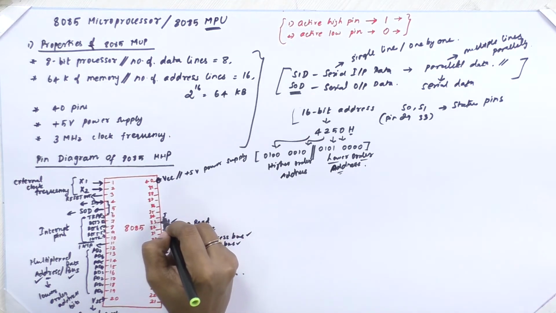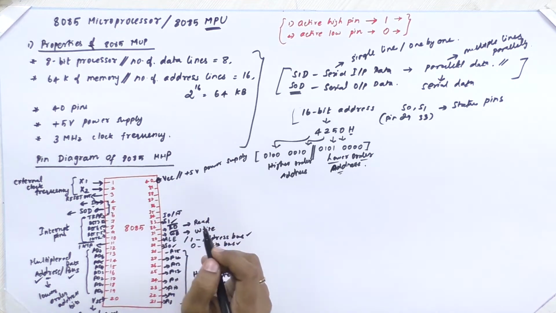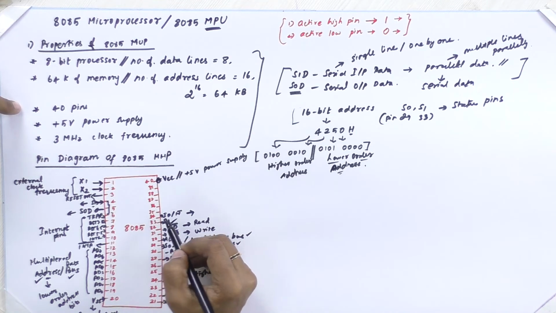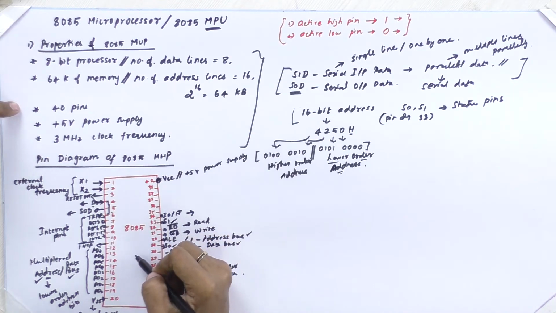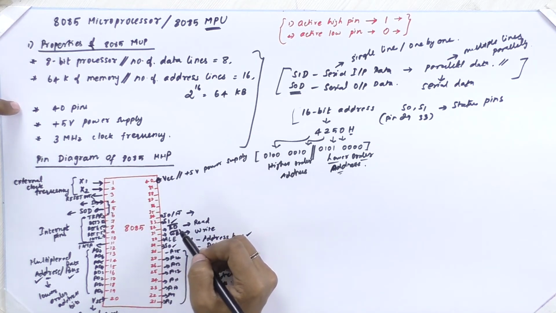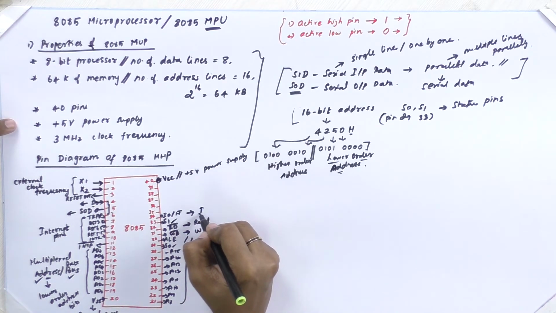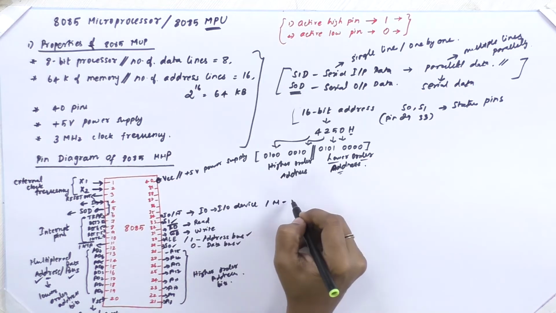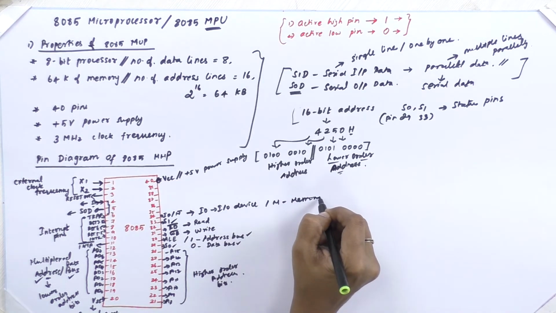Next, the 34th pin is IO bar M bar. It means that this pin is used to indicate whether the processor is performing a read or write operation over the IO device or memory, and the M refers to memory.